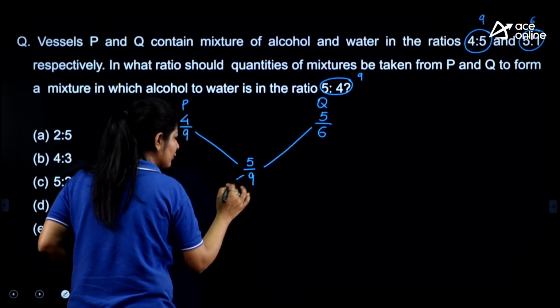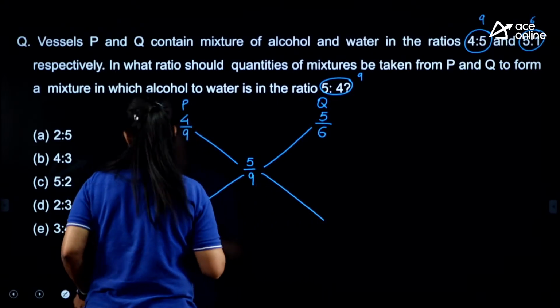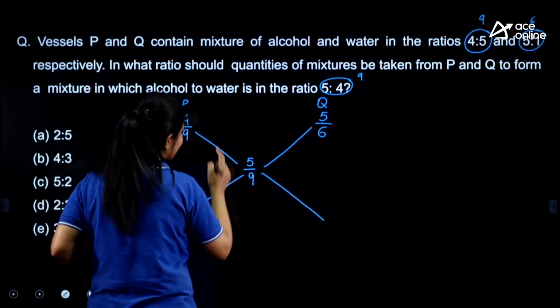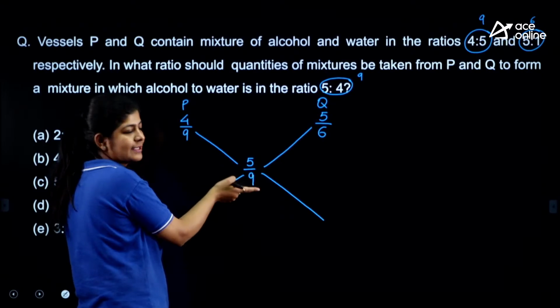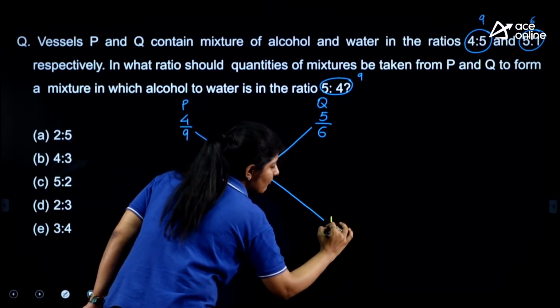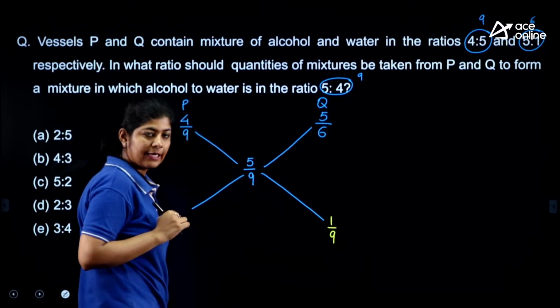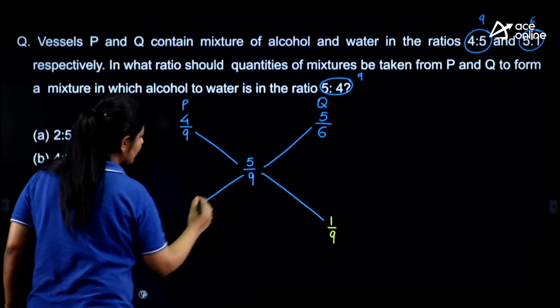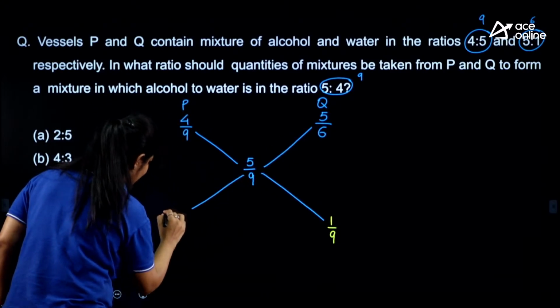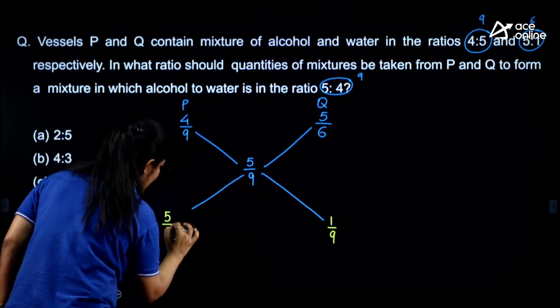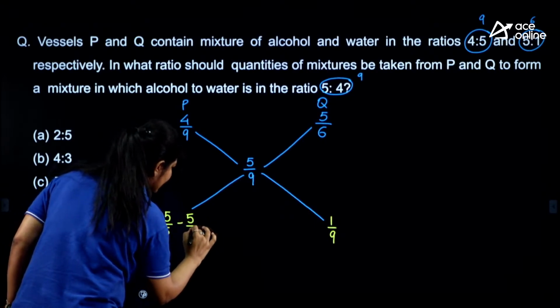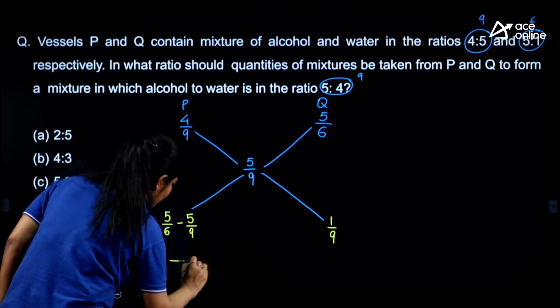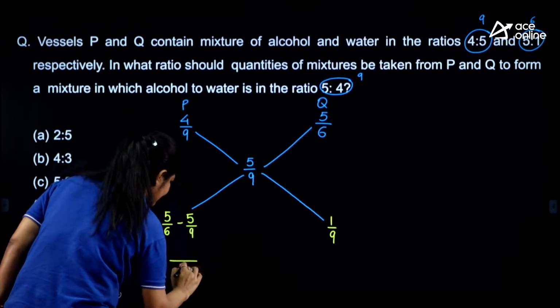Now what we have to do is the subtraction. The denominator is the same, so we can write 1 by 9 over here, right? So here we have to write 5 by 6 minus 5 by 9. The LCM that we can take over here is 36.